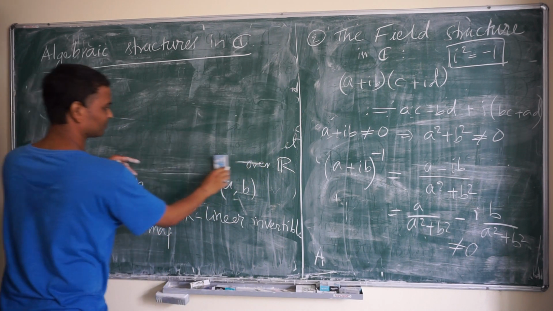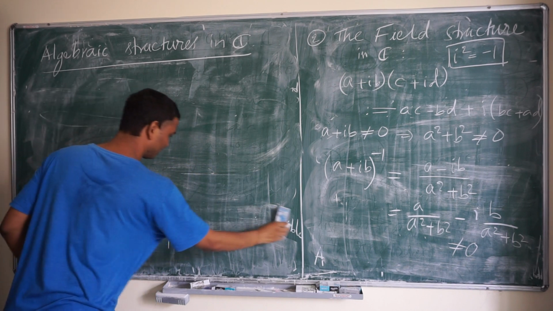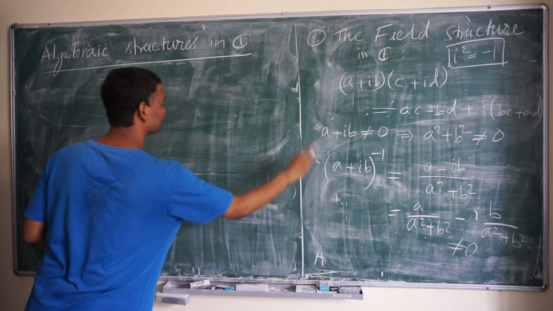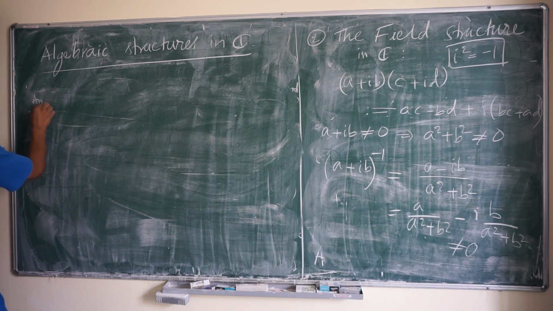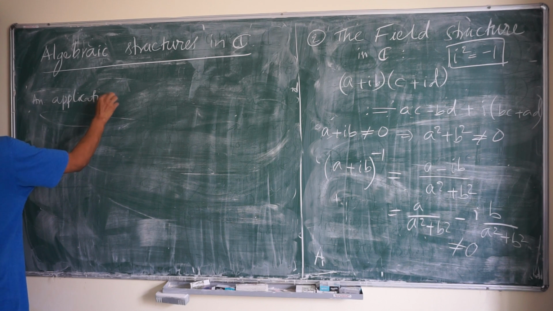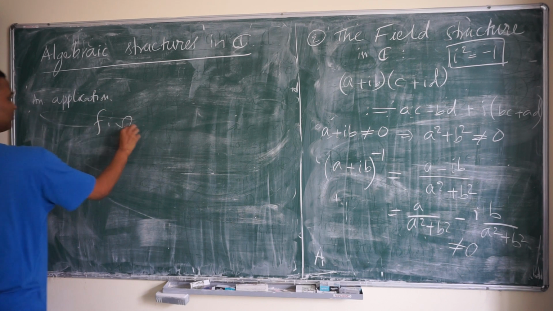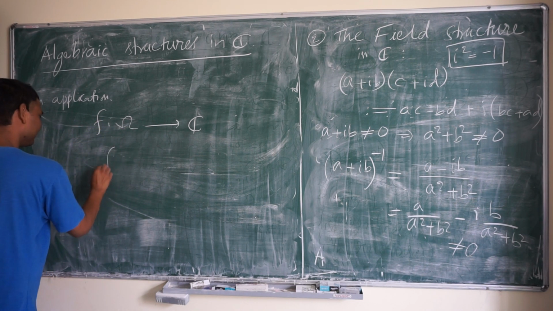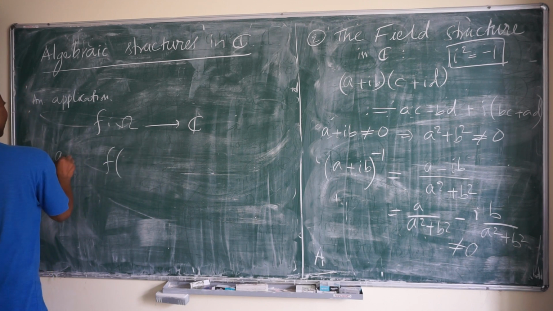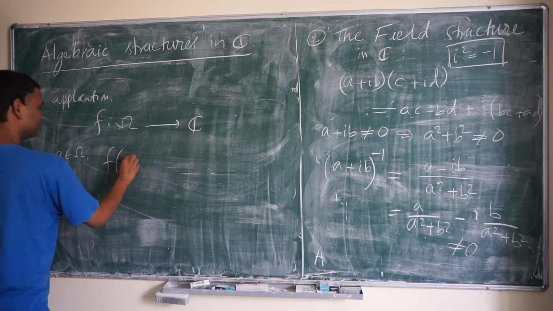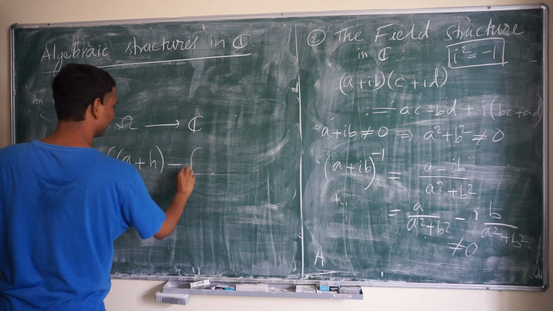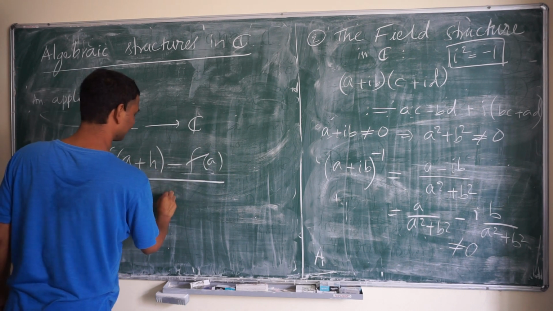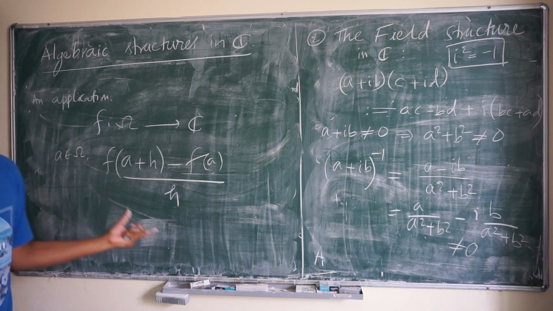We'll look at more structure in the next video, but before that, let us see an application of this field structure. If f is from omega to C, where omega is a domain in C, and A belongs to omega, you want to write (f of A plus H minus f of A) by H. How can you write this?